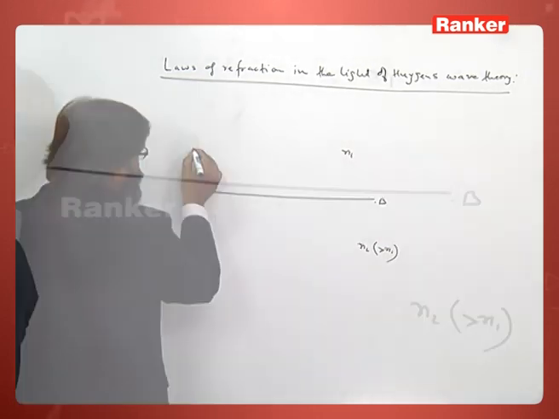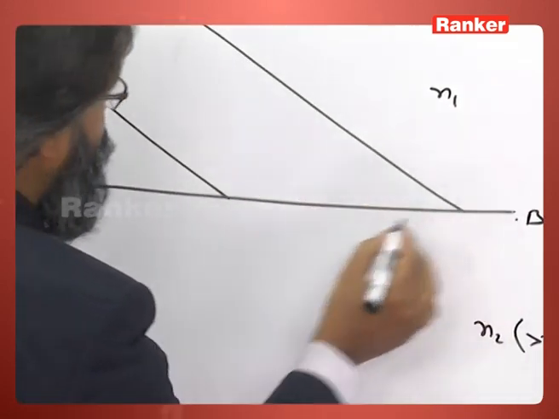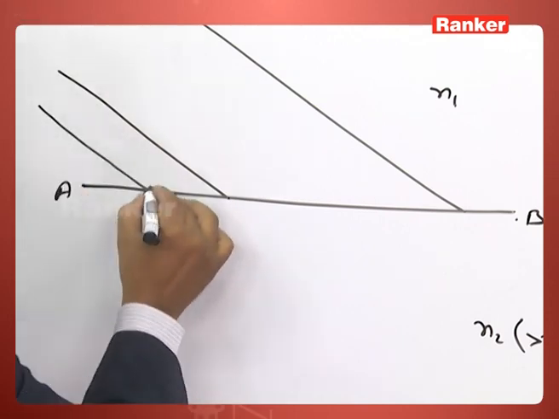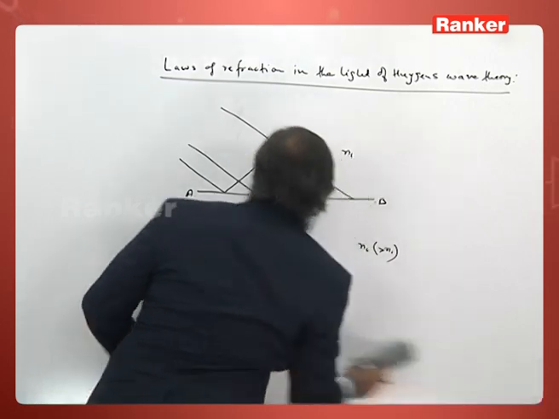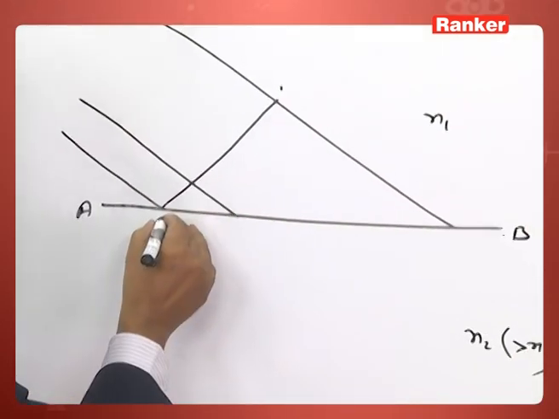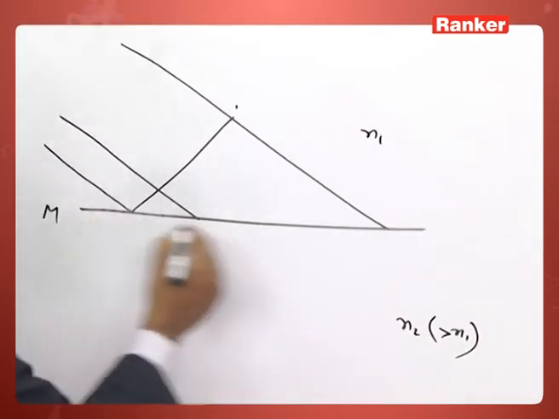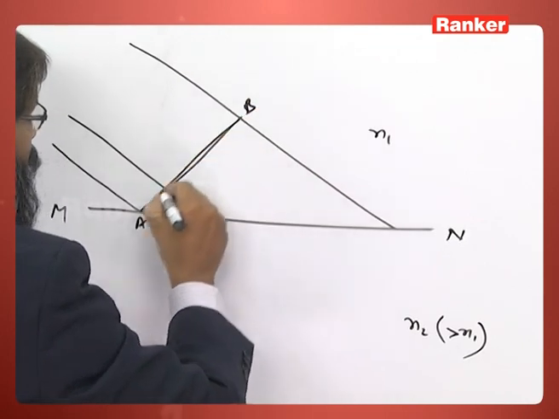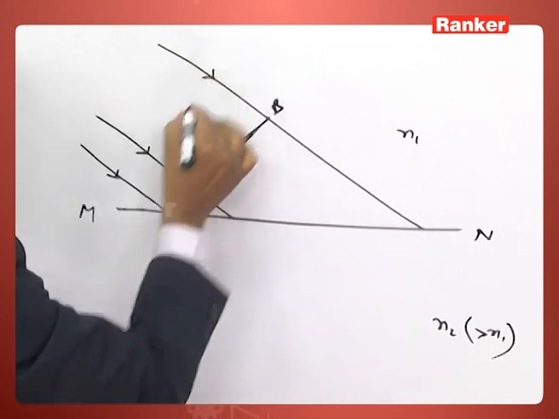So suppose this is the incident wavefront, AB is the incident wavefront. So this is the wavefront and these are the rays.